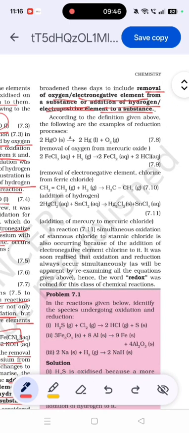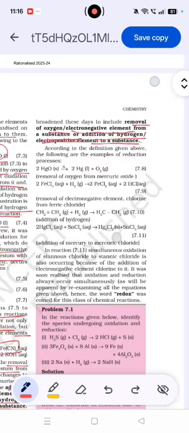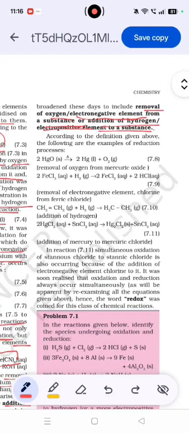That's what we know. Now we are adding one more thing, that is addition of hydrogen or electropositive element to a substance. Clear? Now according to the definition given above, the following are examples of reduction process.